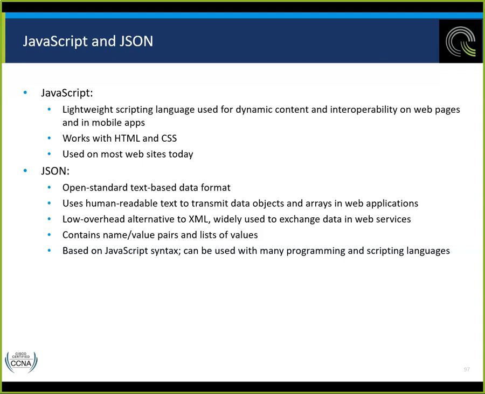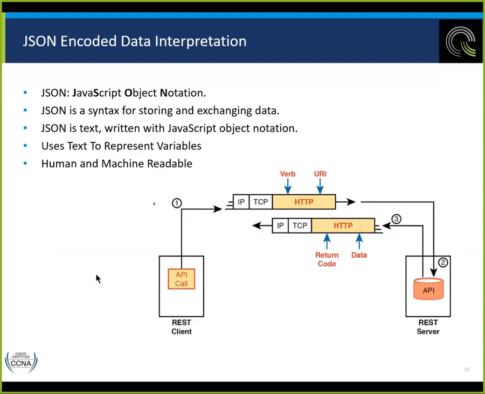It's a low-overhead alternative to XML used for the exchange of data in web services. It contains name-value pairs and lists of values. And that's what's going to be the big deal, the thing that you need to take away, I think, from this. And we're going to have some examples of that. It's based on JavaScript syntax and can be used with a lot of different programming languages.